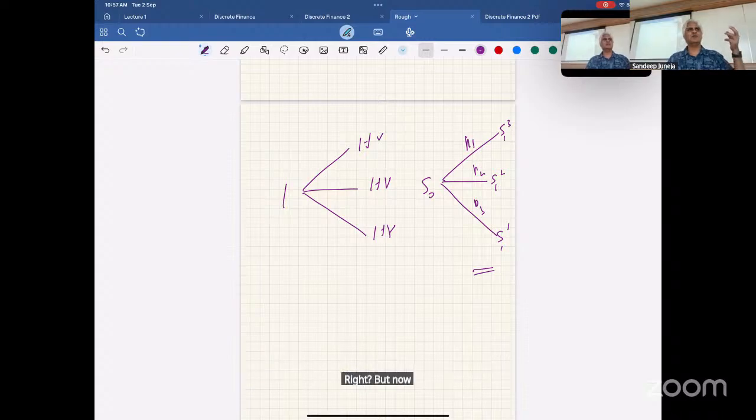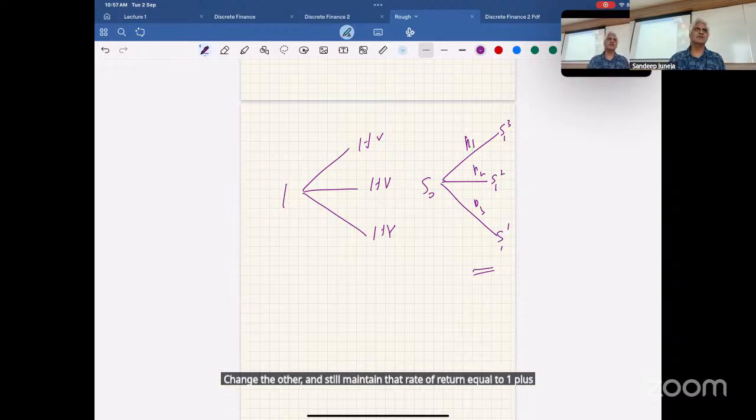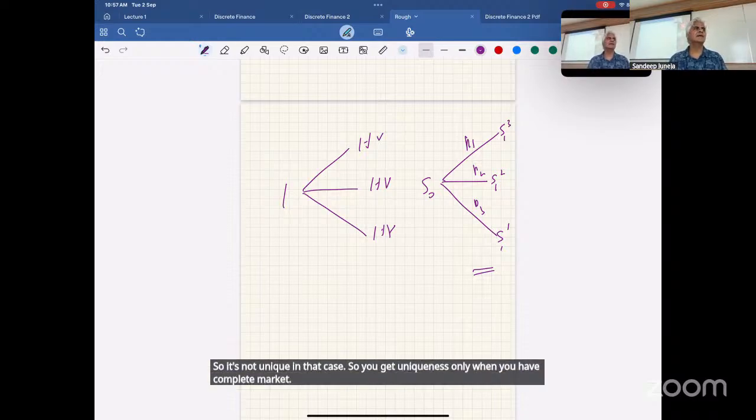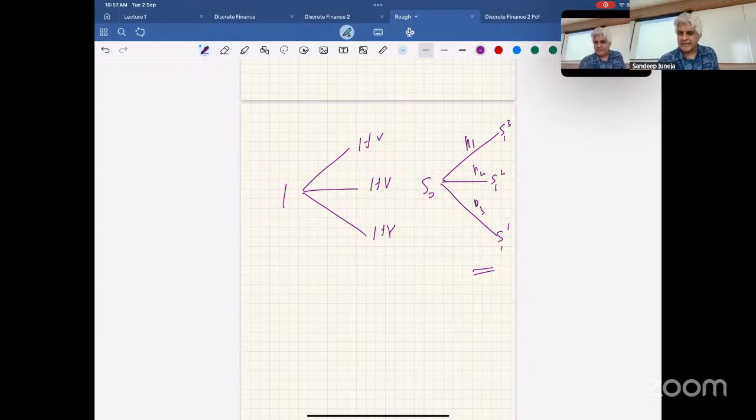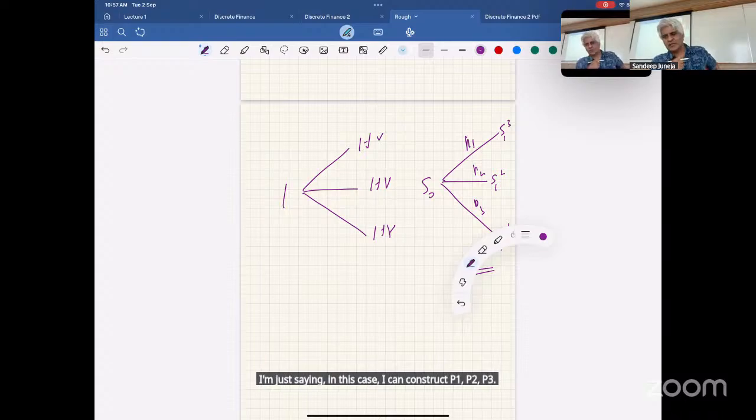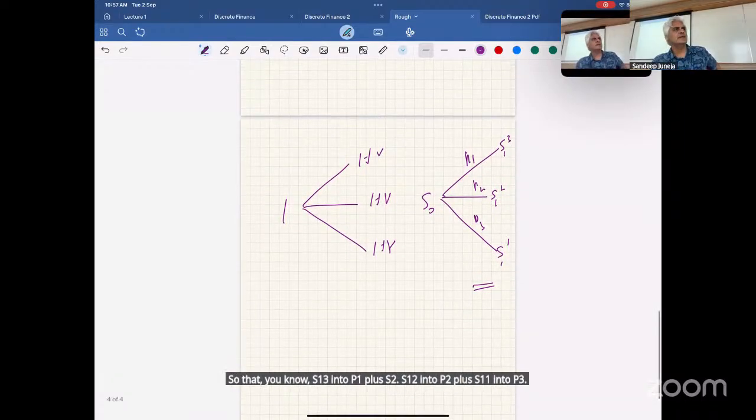But now this P1, P2, P3 is not unique, right? I can move one of them, change the other, and still maintain that rate of return equal to 1 plus r. So it's not unique in that case. So you get uniqueness only when you have a complete market. I'm just saying in this case, I can construct P1, P2, P3 so that S1,3 times P1 plus S1,2 times P2 plus S1,1 times P3 is equal to 1 plus r, right?